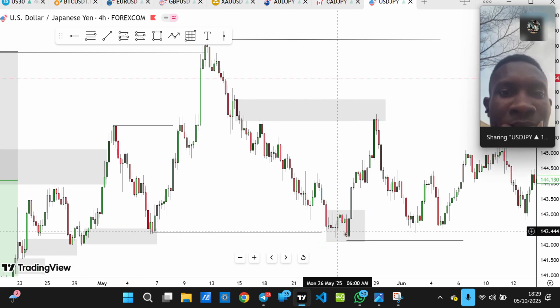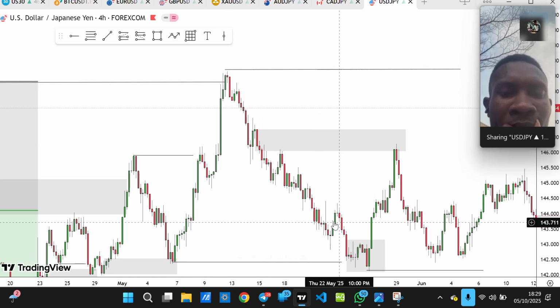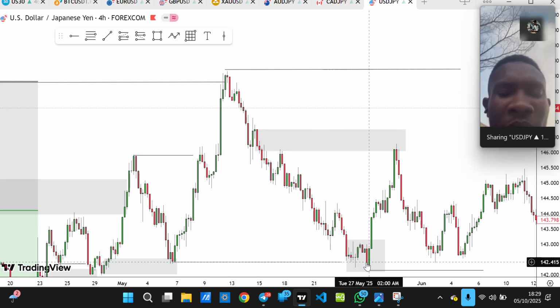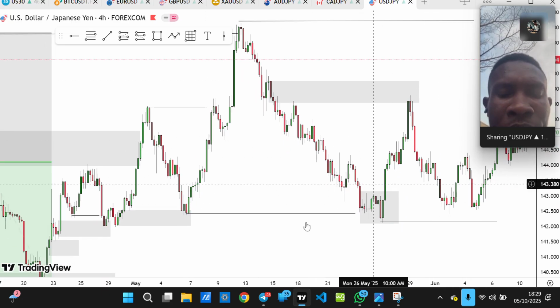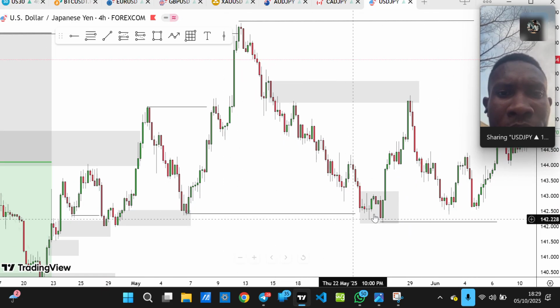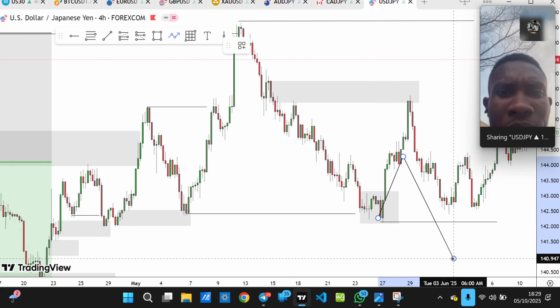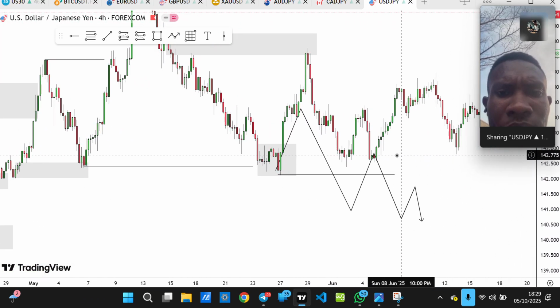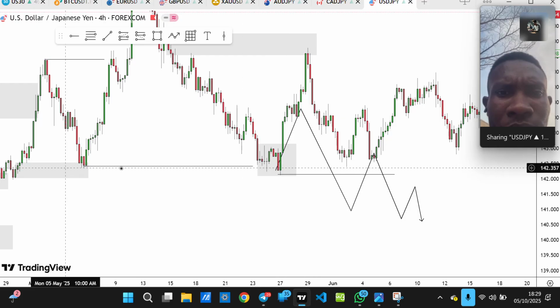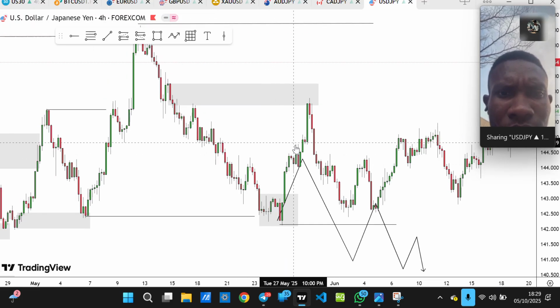This was the high that created this. And this one, after it swept this low, it just went up back again. It didn't break anything. We didn't continue downward like this. So what it just did was sweep out this high, take out this low, and then go back again to try and go up.